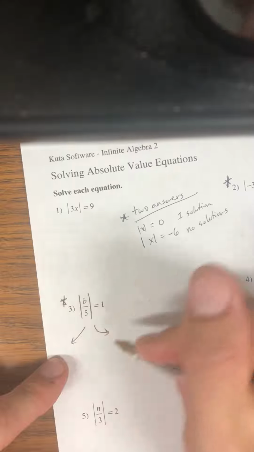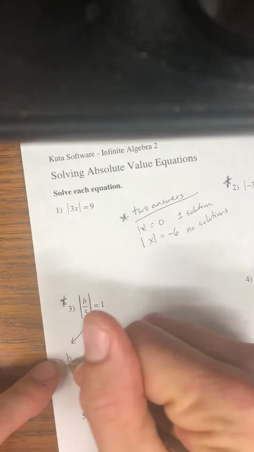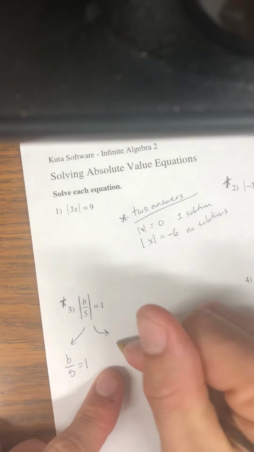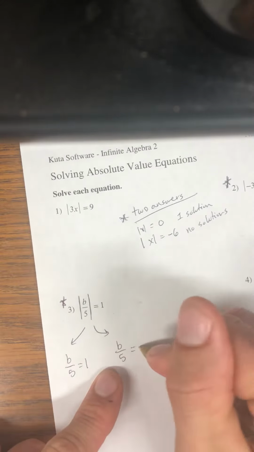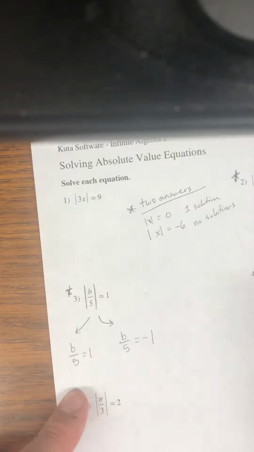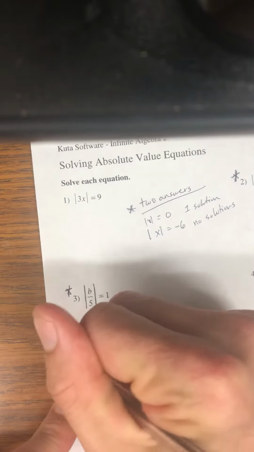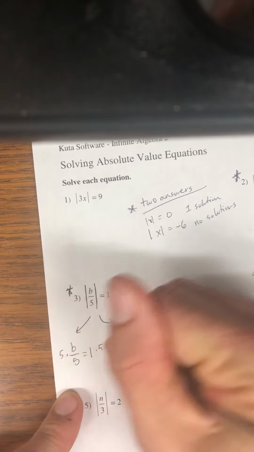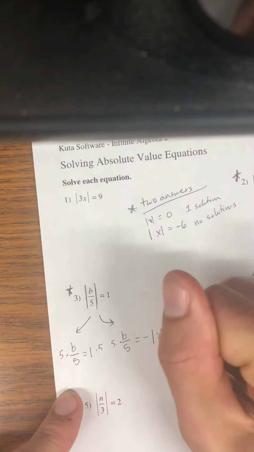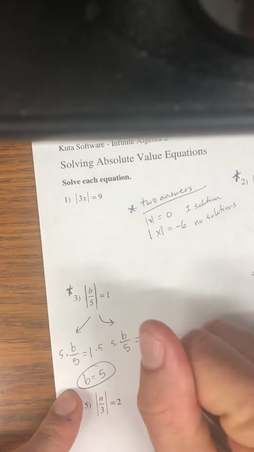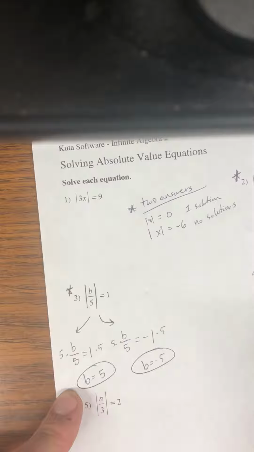We'll have b divided by 5 is equal to 1, that's the positive, and the other one is b divided by 5 is equal to -1. Then we solve each of these. Since we're dividing by 5, we'll multiply both sides by 5, and you get b is equal to +5 and b is equal to -5.